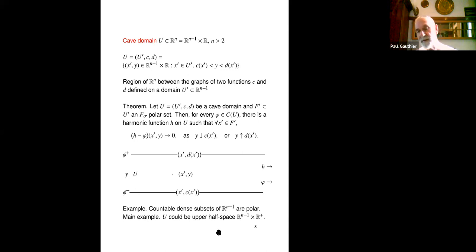Then if you take a polar subset of Rn minus 1 and define a function over it, and you call that U, then any continuous function, the graph underneath that surface can be approximated vertically, vertical limits as you approach the base Rn minus 1 on this polar set, for all points in this polar set.